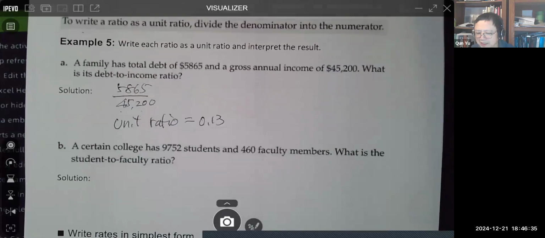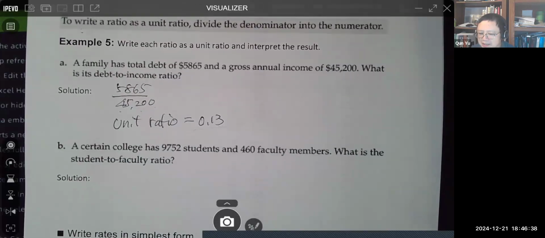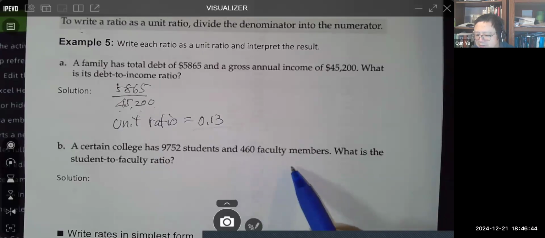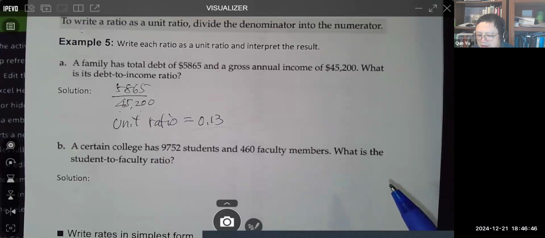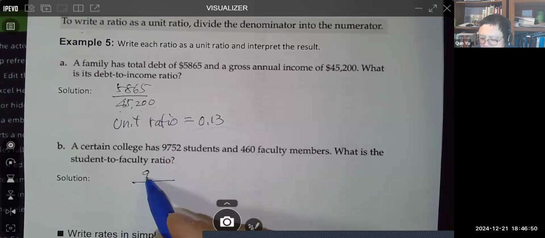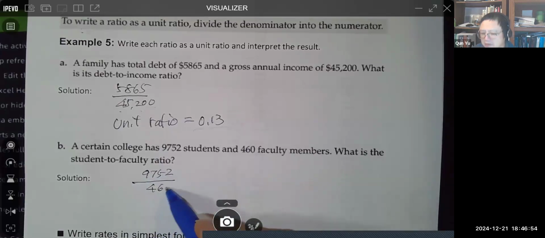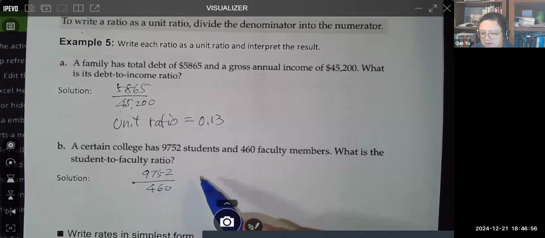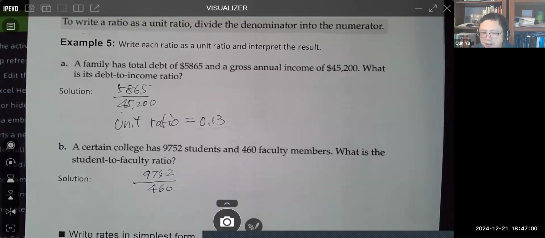Now let's look at B. A certain college has 9,752 students and 460 faculty members. What is the student to faculty ratio? So just put the student number on the top, faculty number on the bottom, and that's it. Maybe you can further simplify it, but this is the student to faculty ratio.